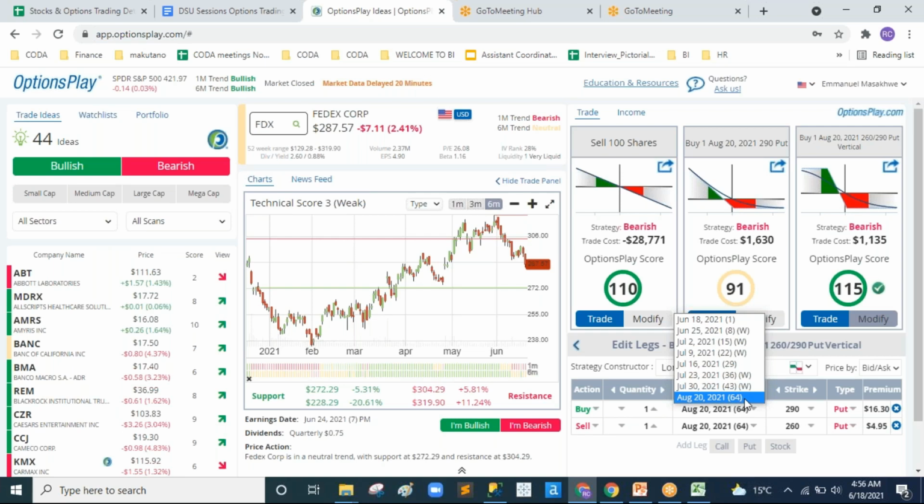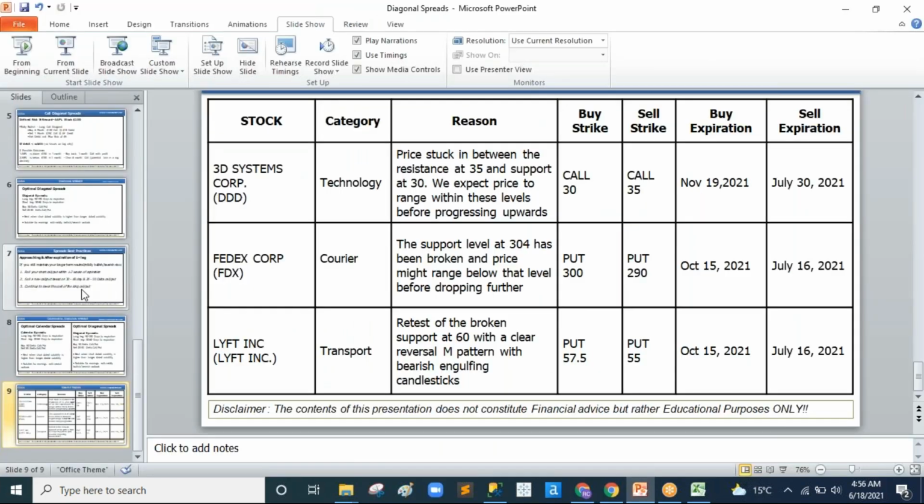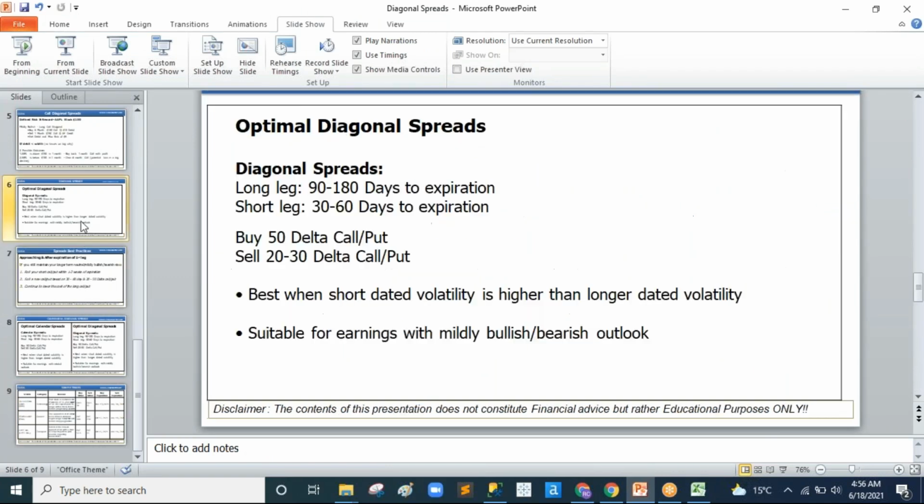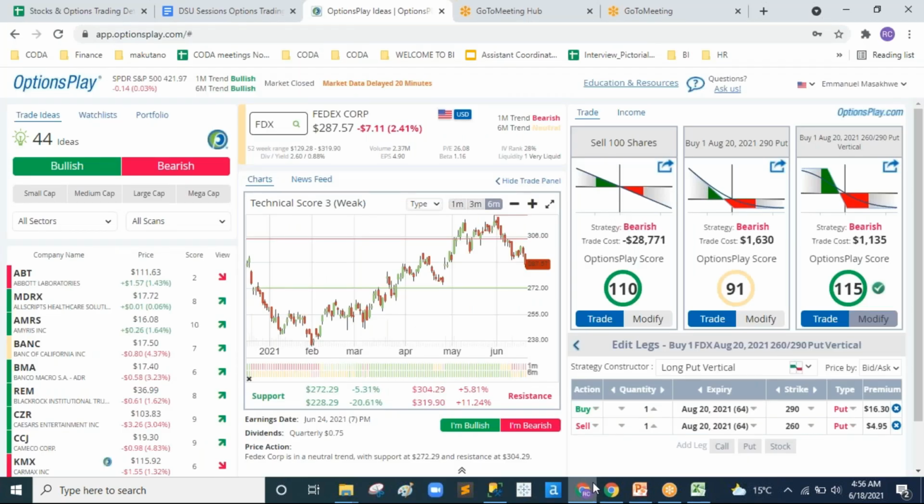No. On the buy side, remember that for the optimal diagonal spreads, the long leg is 90 to 180 days. So that's 64. That's an outright no. So we'll have to get another one.